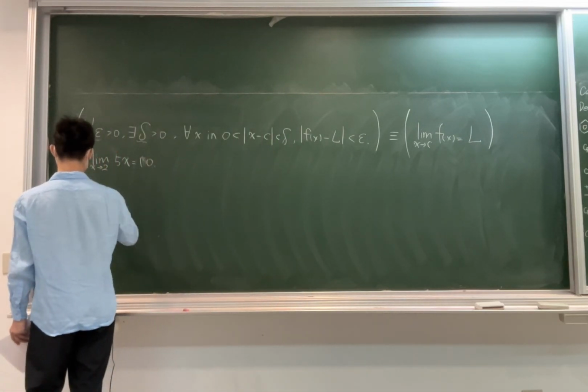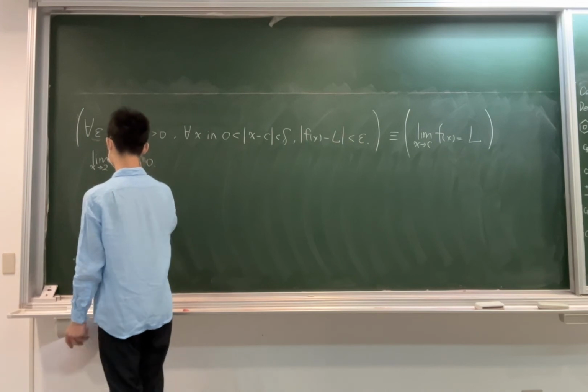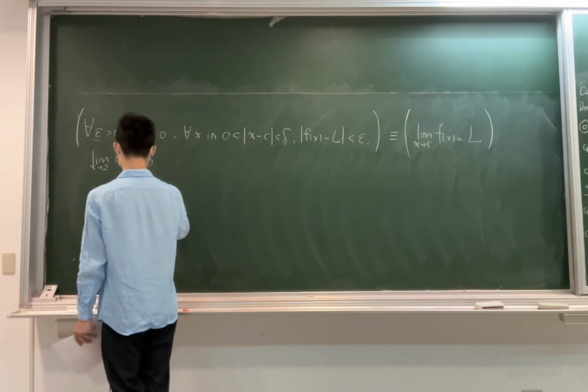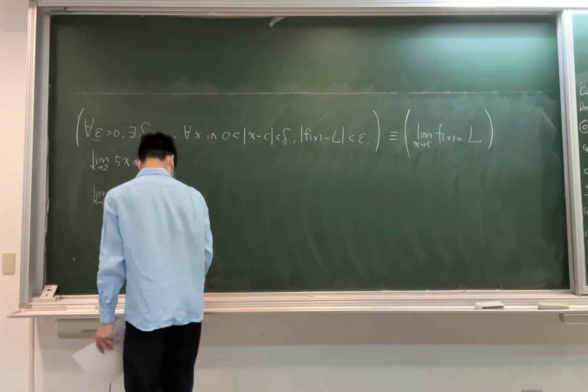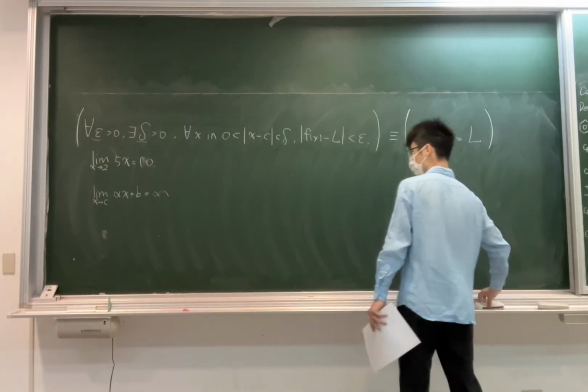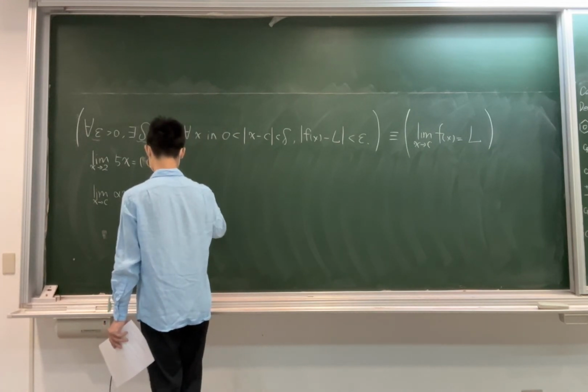So if you have a linear function, alpha x plus b, the limit is alpha times c plus b.